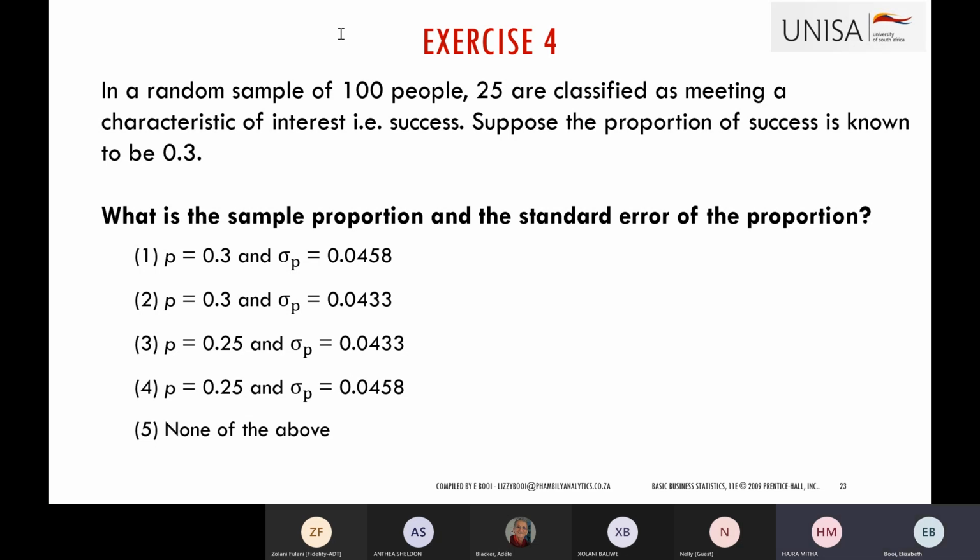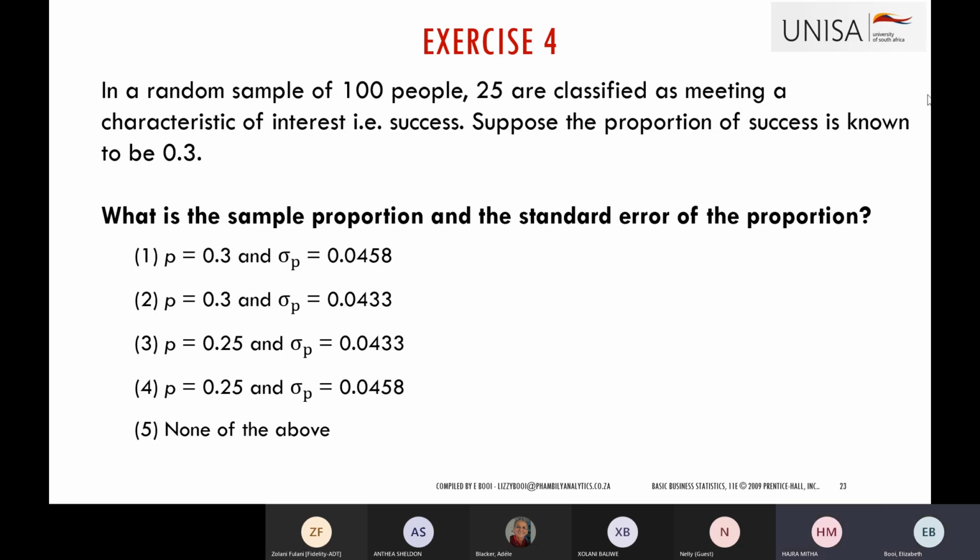Okay, so n is 100. Do we have the answer?